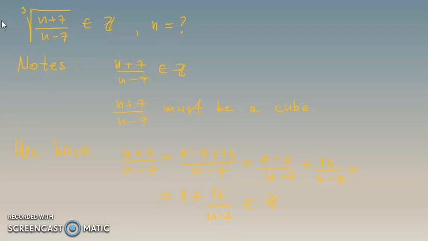Obviously, for 1 plus something to be an integer, that something must be an integer also. So we can conclude that 14 over n minus 7 must be an integer. Let's figure out when this can happen. Obviously, n minus 7 must be a factor of 14. n minus 7 is a divisor of 14.